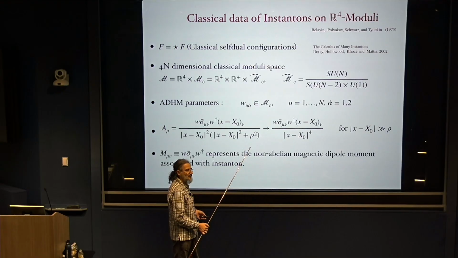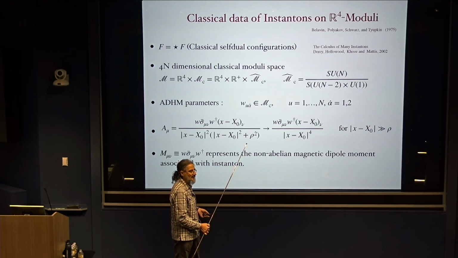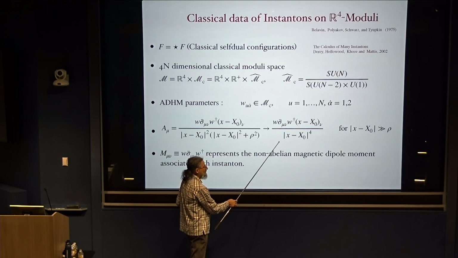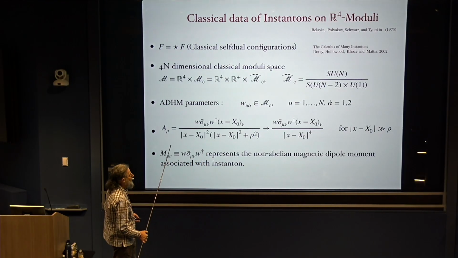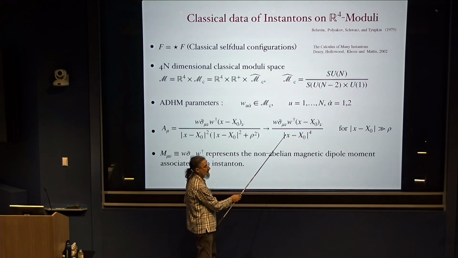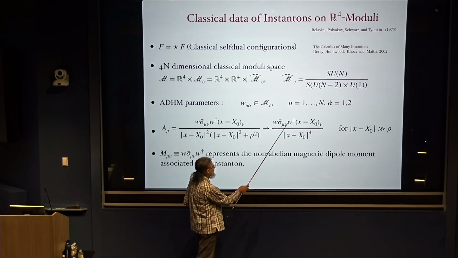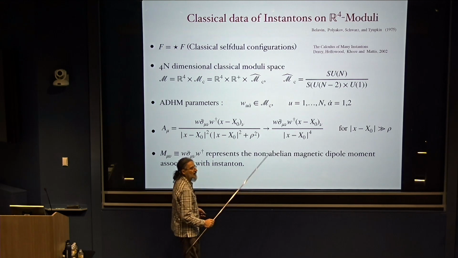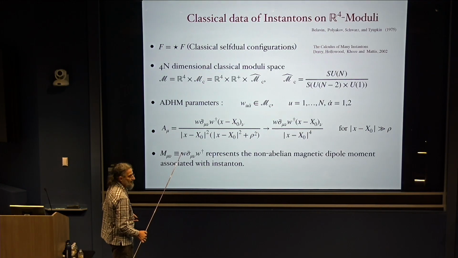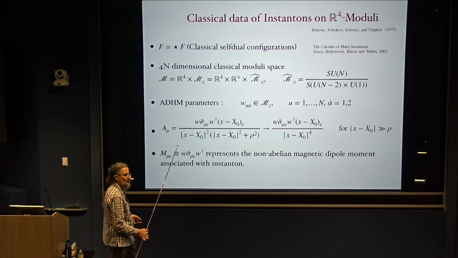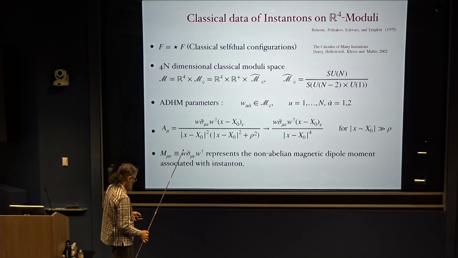And you must actually remember this form from your undergraduate days, maybe even earlier, because this is the vector field associated with a magnetic dipole. But now the distinction relative to a magnetic dipole is that this object here is an m by n anti-self-dual matrix, and it is not your usual magnetic dipole, but some non-abelian generalization thereof.